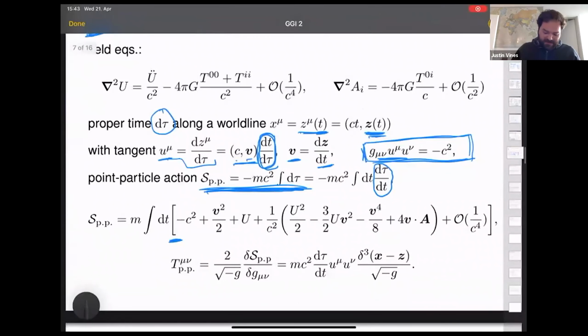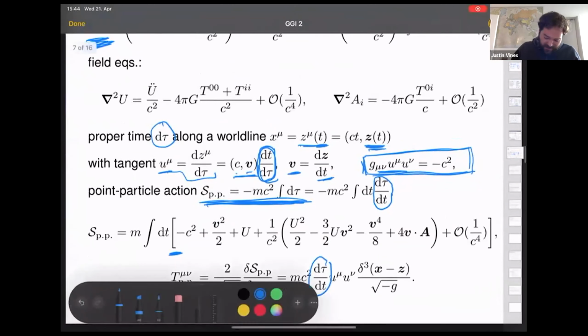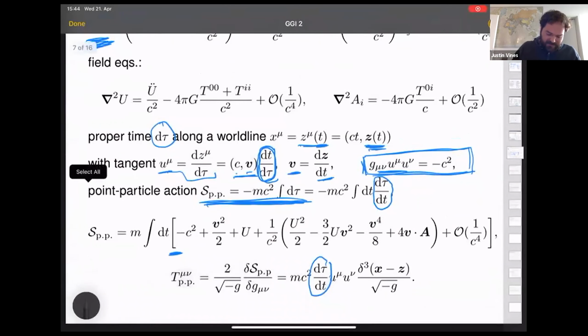We want to do that with point particle sources. Okay, so on this page is enough information to fill in all of these components and plug in this source. The source goes here in these field equations.